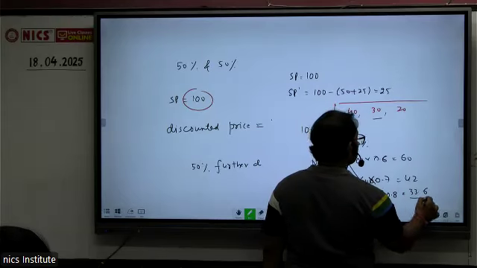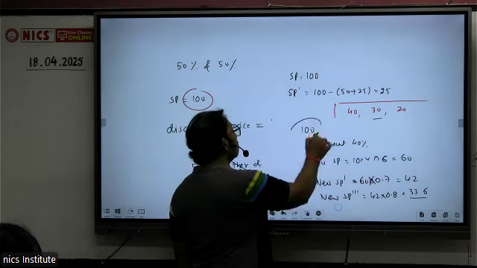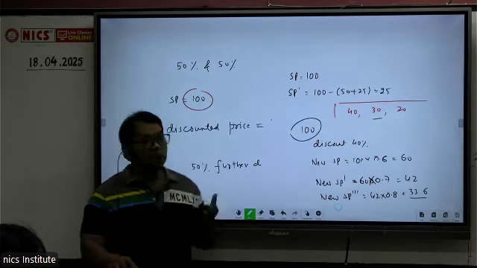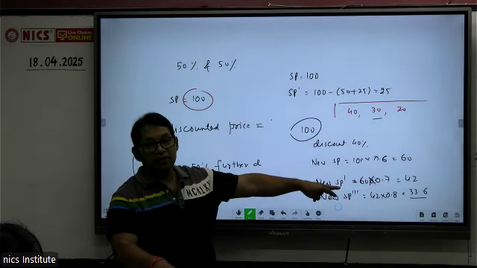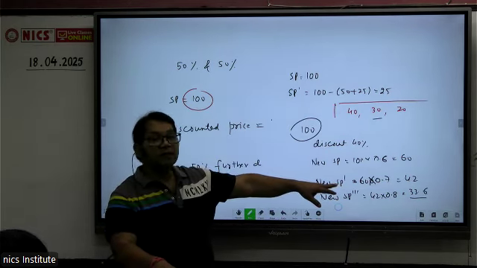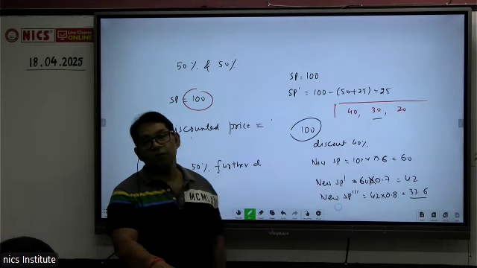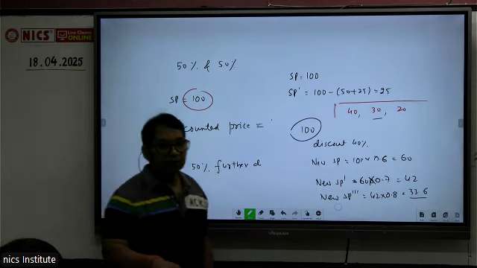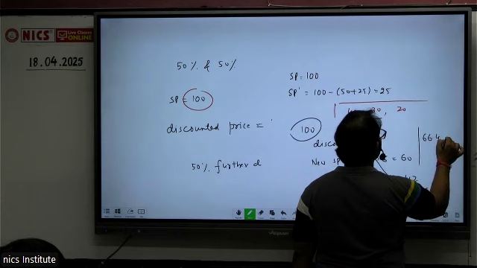This is the new final price. Something which was costing you 100 rupees now costs you 33.6. So how much discount are you getting? 100 minus 33.6, your answer would be 66.4%.